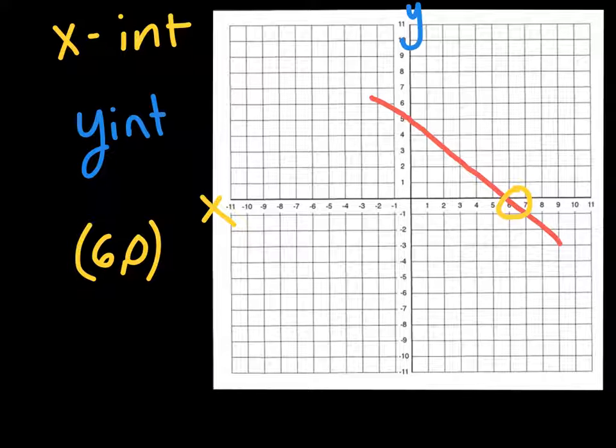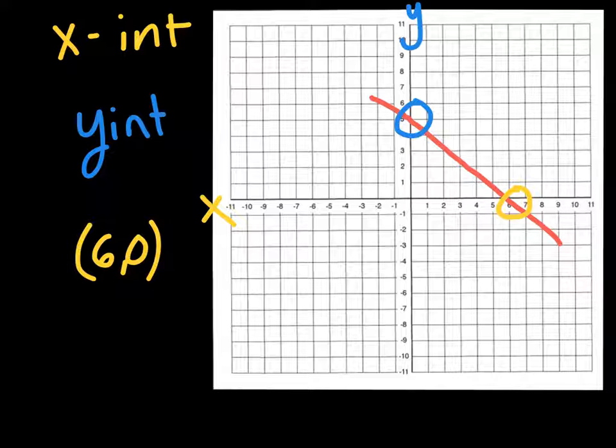The y-intercept is where the line crosses the y-axis, being right here, because the line is crossing this axis, the y-axis, at this point, which you can't see, but is 5. 1, 2, 3, 4, 5. So the y-intercept of this red line is 5.